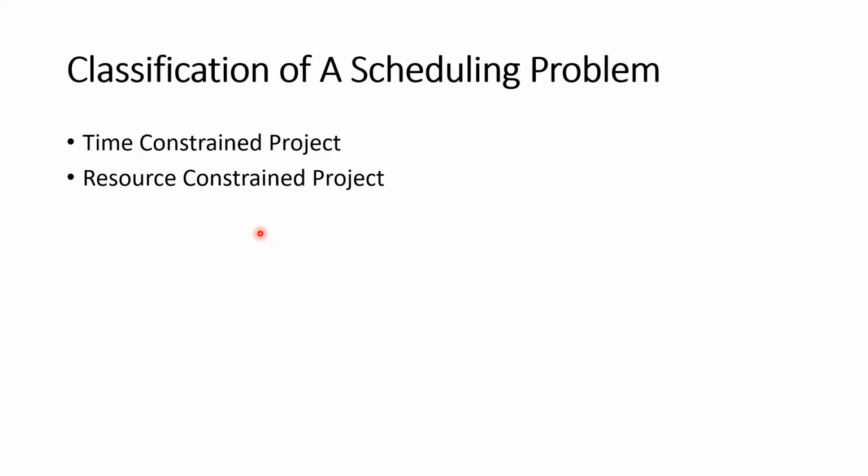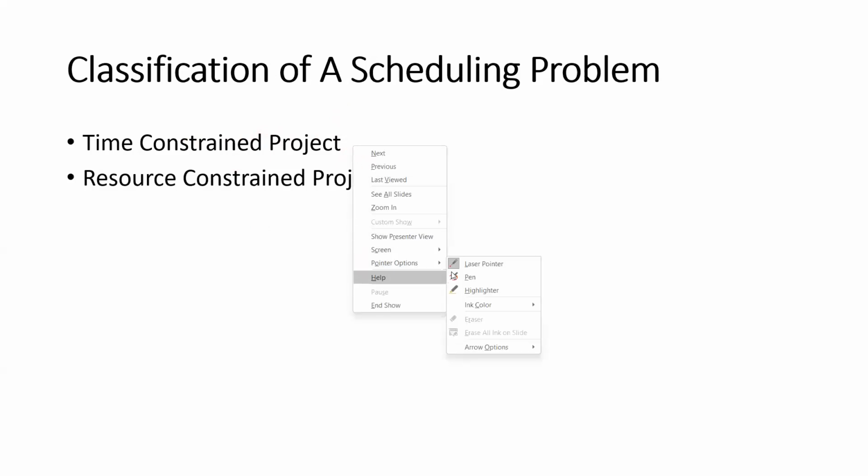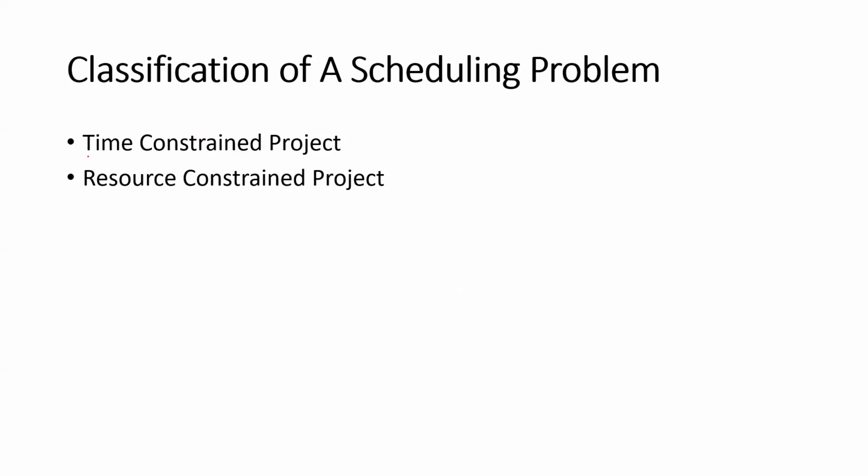Basically, we are going to identify time constraint projects and resource constraint projects, right? In a time constraint project, time is going to be constrained, meaning time is fixed and the resources are flexible. So in this scenario, time is fixed and resources are flexible.